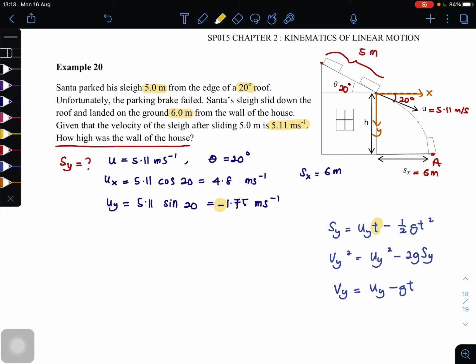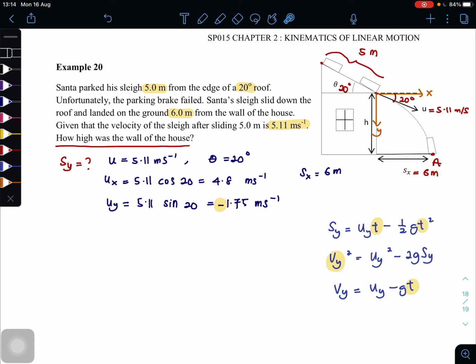Okay, if we want to use this equation instead, we have the value for UY, but we don't have the value for VY. So if we want to find VY, we can use this equation here, but this equation we cannot use because we don't have the value for t. So basically here we need to find the value for t first, because we do not have enough information. So we need to find the value for t.